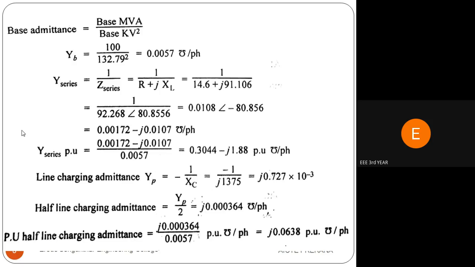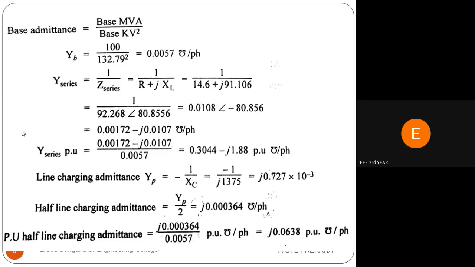It is in rectangular form. If you want, you can convert it to polar form, or you can solve it in rectangular form. But keep in mind, once you convert everything into rectangular or everything into polar, then solve the problem. Otherwise, you will get big confusion. Here I have converted into polar form: 40.6 plus j 91.106 is converted into polar form, and I get 92.26 at an angle of 80.85.